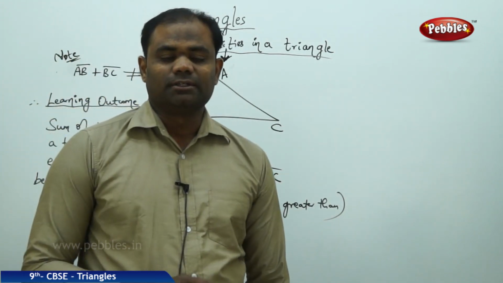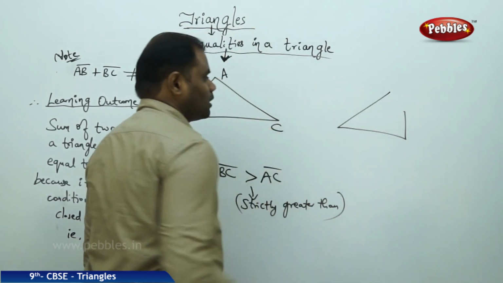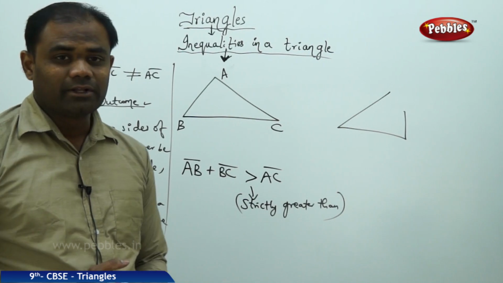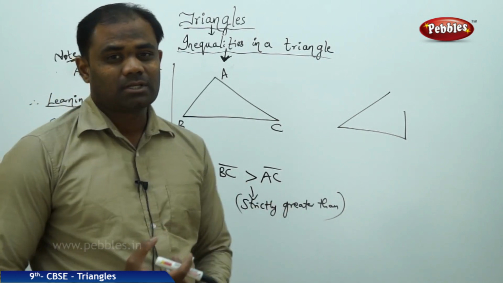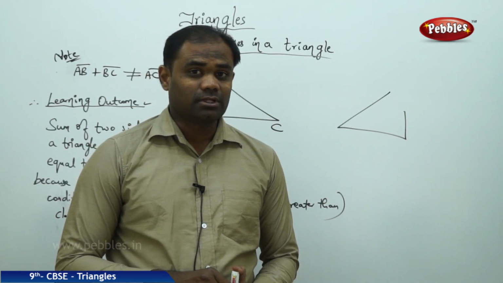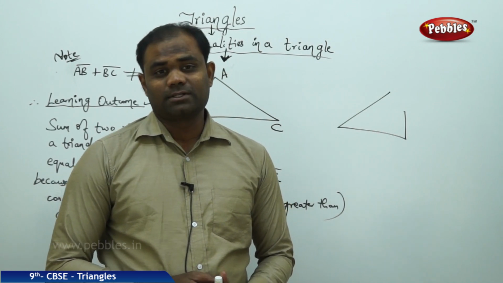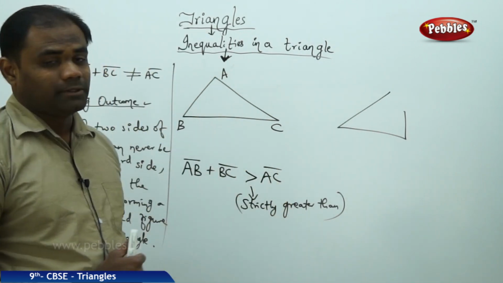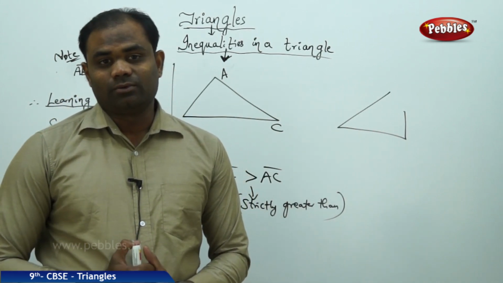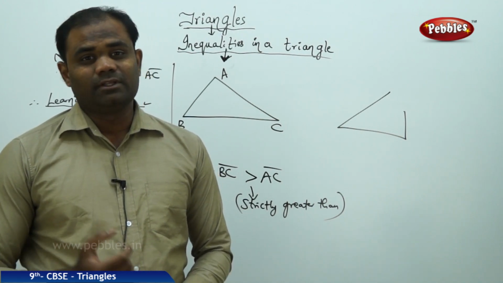It fails the condition of forming a closed three-sided figure, or it forms an open triangle. This is how we understand the strictly greater than concept connected with the sum of two sides always exceeding the third side. At the most, it cannot be even equal to or less than. This is how we understand the triangle inequality strictly following the strictly greater than inequality, and how we connect the triangle properties with inequality.